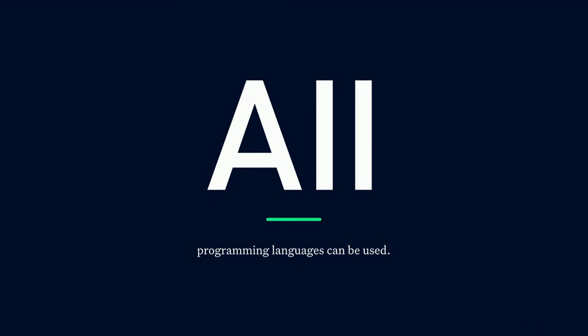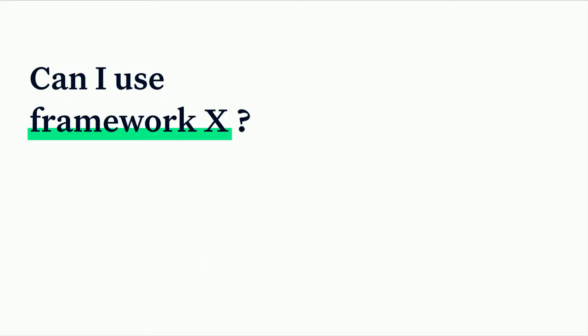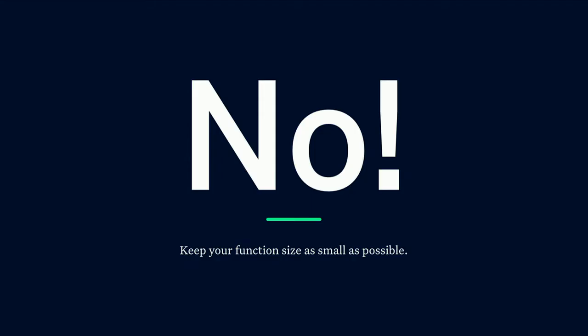I recommend to go with the standard ones because they're well proven, and so you don't need to hassle around with those custom runtimes. And usually the next question which I always get is, well, can I use my framework X? For example, for Java, it's quite common that Java programmers ask, can I use Spring in my Lambda functions? And well, the simple answer here is definitely no, you shouldn't do that.